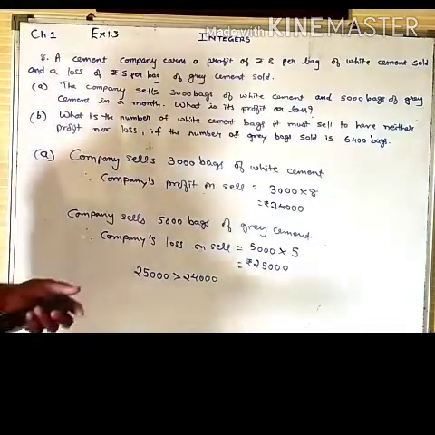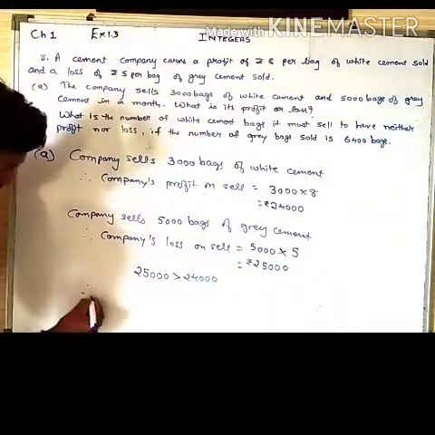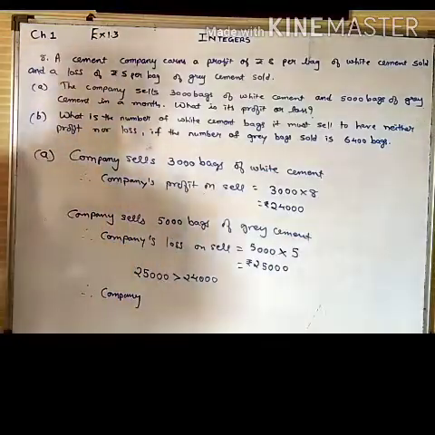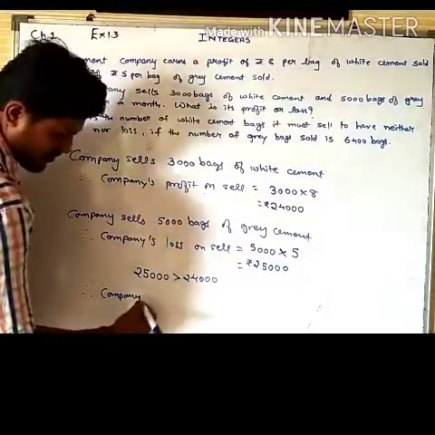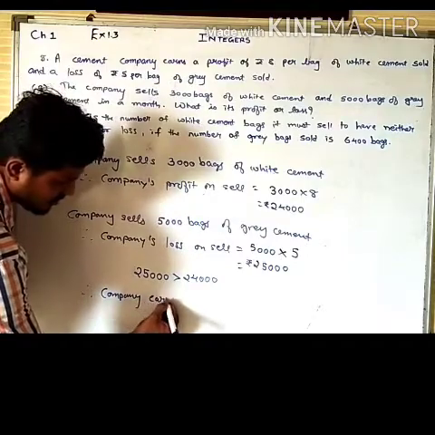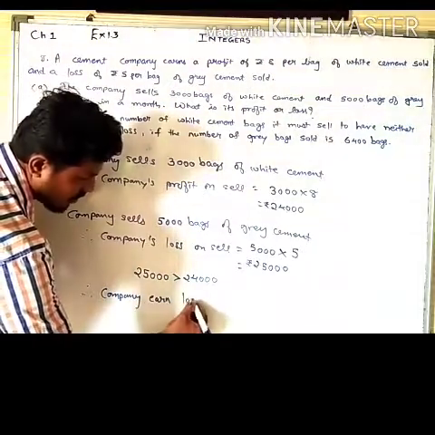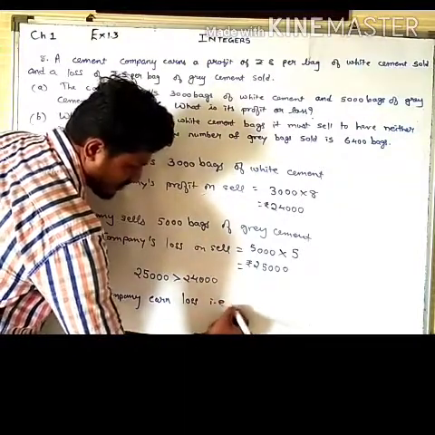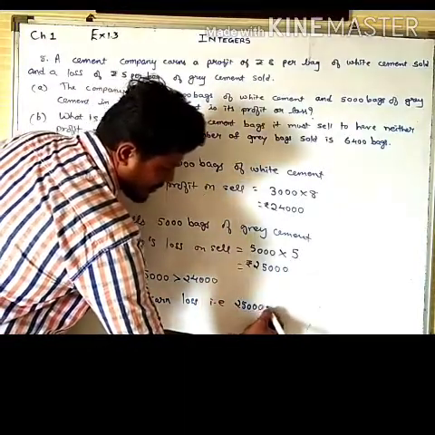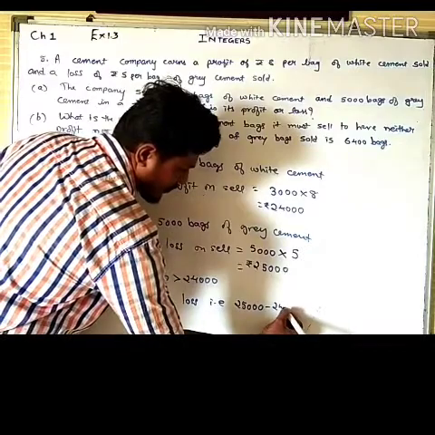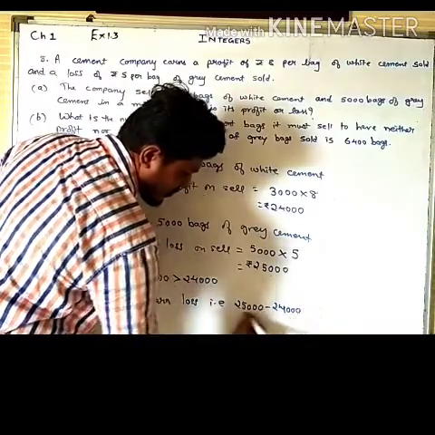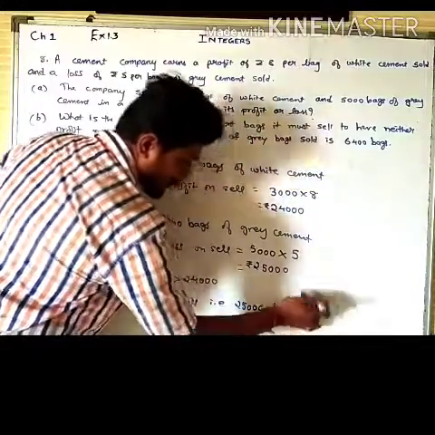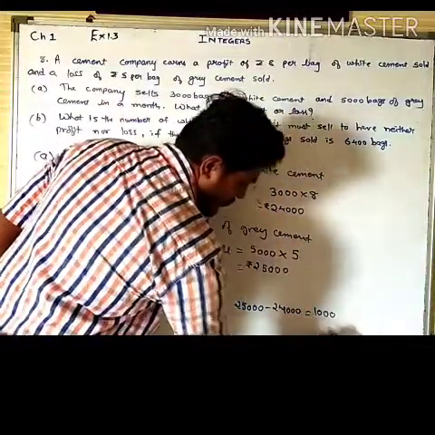The company earns a loss of how much? That is 25,000 minus 24,000 equals a loss of 1,000.